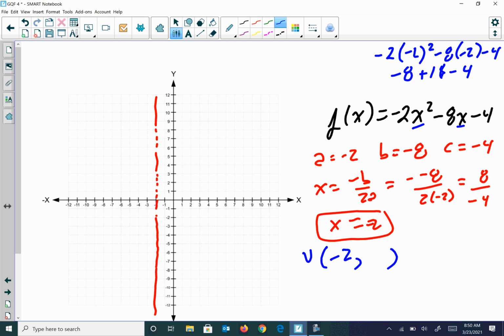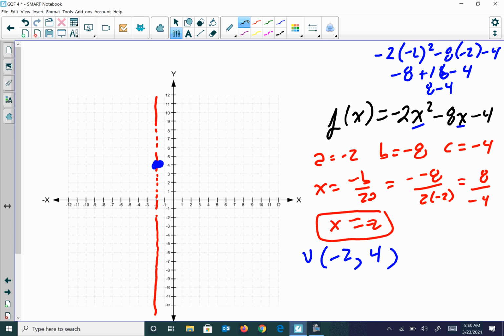Agree? Ooh, let's write clearly. Negative 8 plus 16 is positive 8. Positive 8 minus 4. 4, yes. So negative 2, positive 4 is up here.